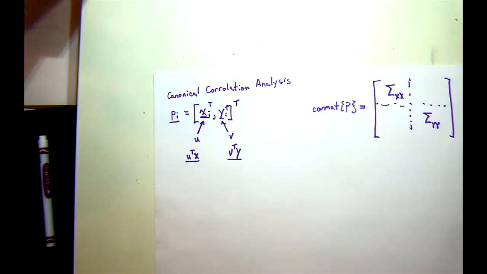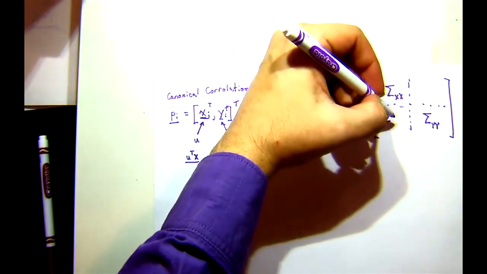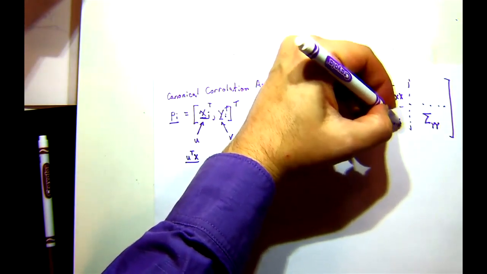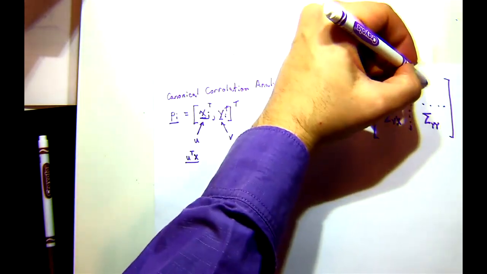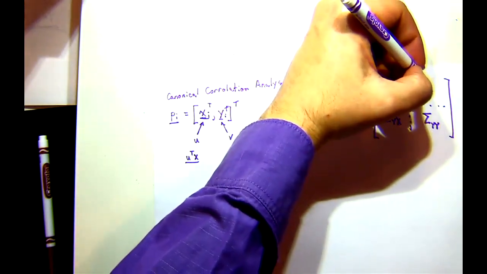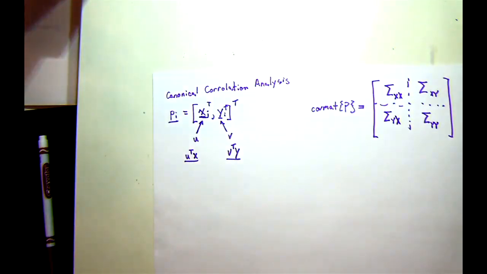If we were to write out the whole definition of covariance, it just falls out of how all the matrices get multiplied. And then in this corner, we have the covariance matrix of the Y's versus the X's. And this guy is the X's versus the Y's. So that's the breakout of the covariance matrix of P. And we're going to take advantage of those different covariance matrices to calculate the correlation between these projections.